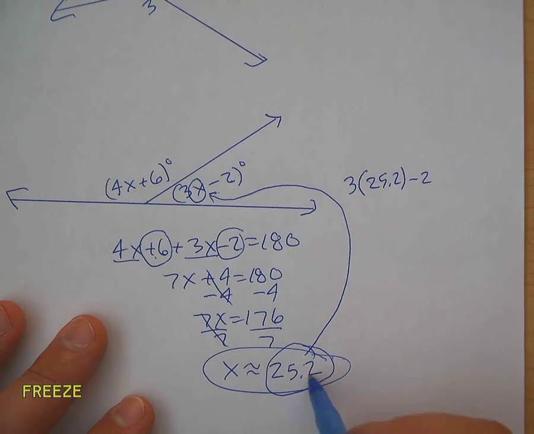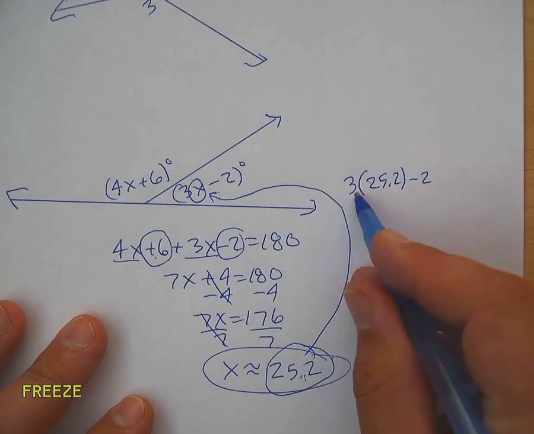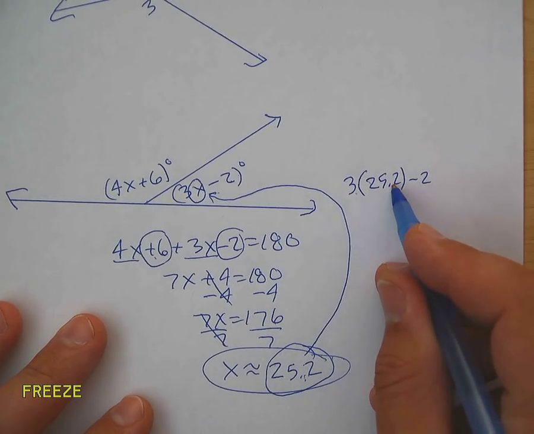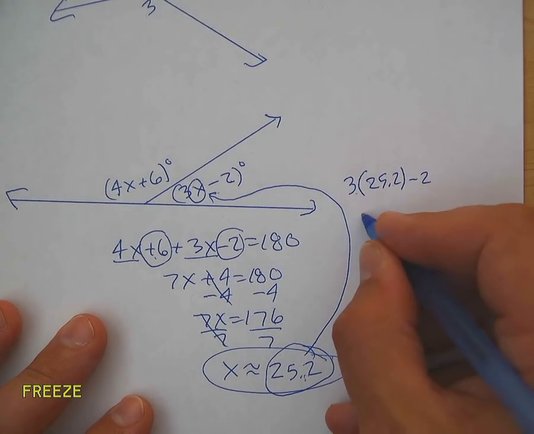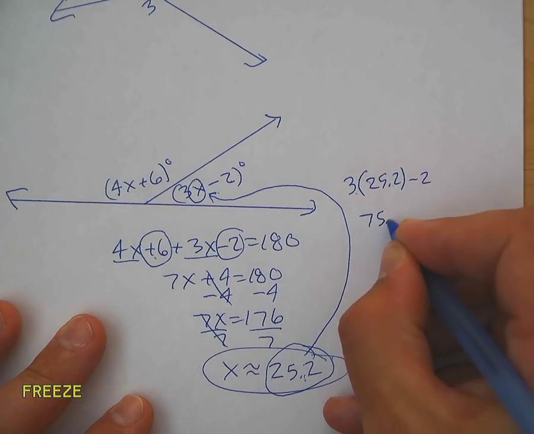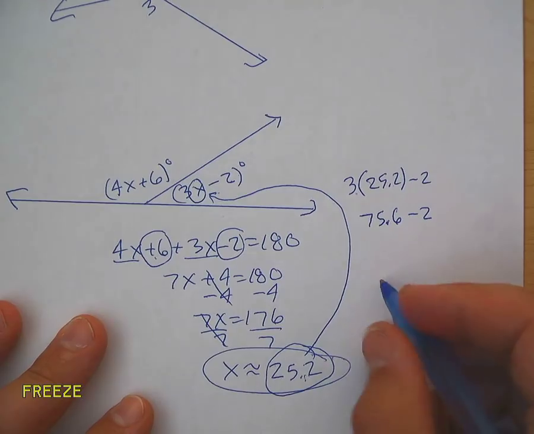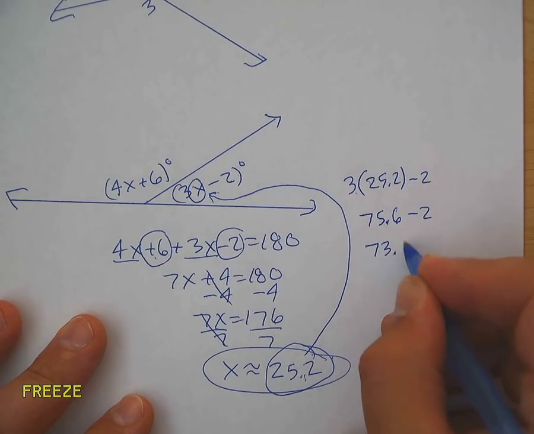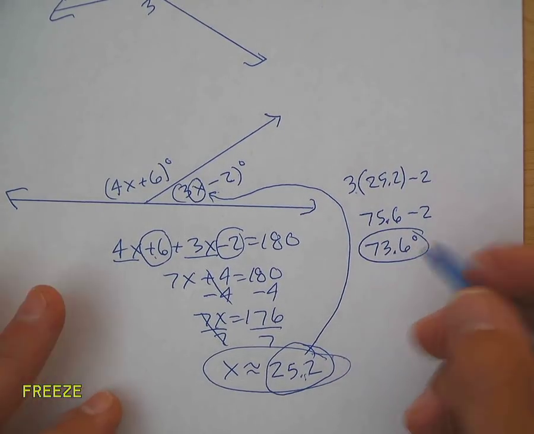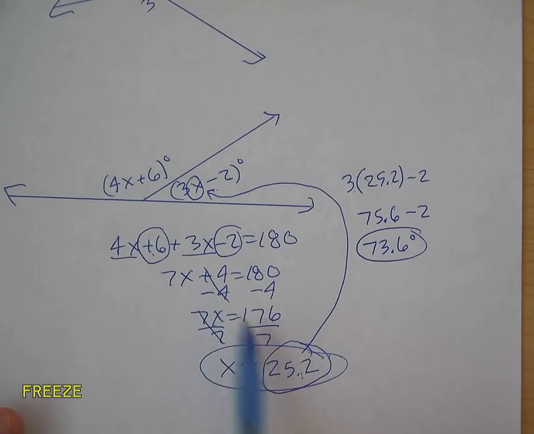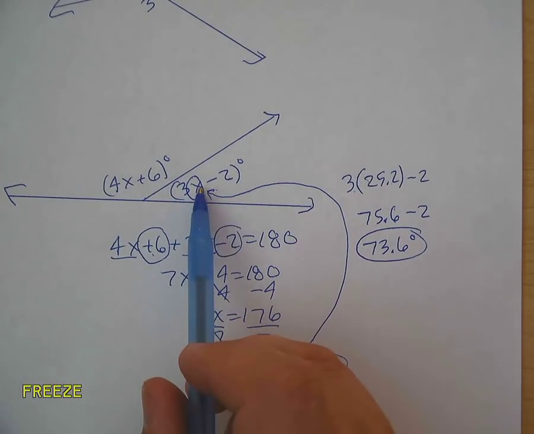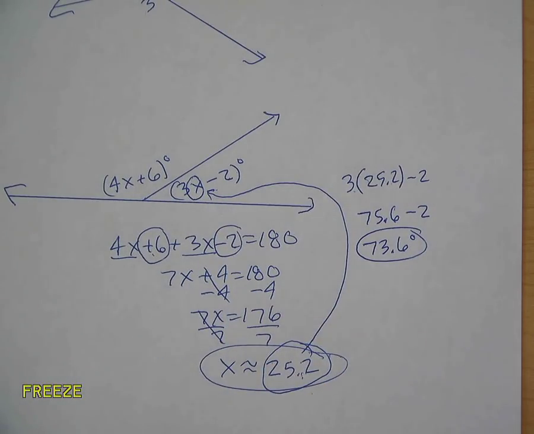Make sure when you solve this, you plug it back in. So I take 3 times 25.2, and that's going to give me 75.6 minus 2. So the smaller angle measure is going to be 73.6 degrees. Make sure after you solve for x here, plug it back in. Very, very important. And that concludes part 2 of the review video.